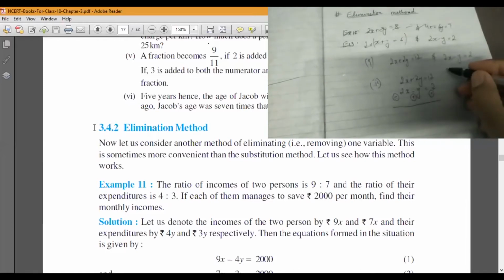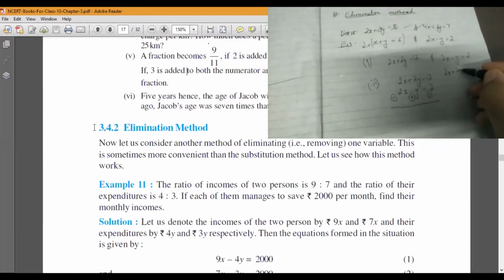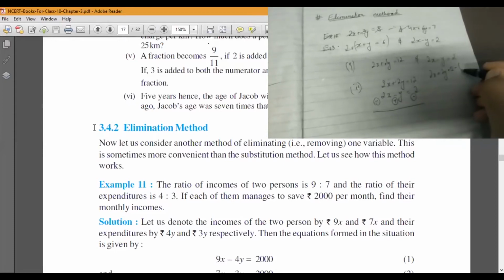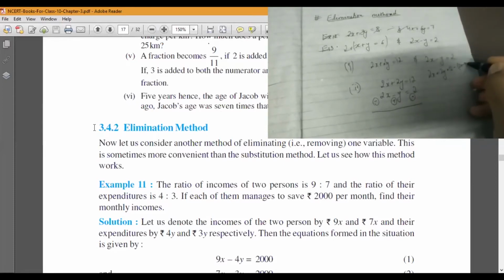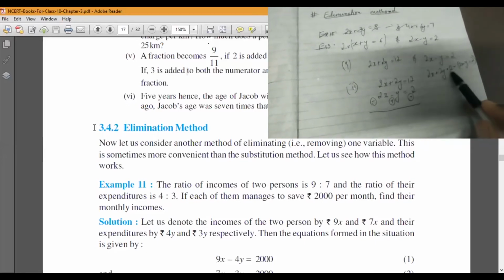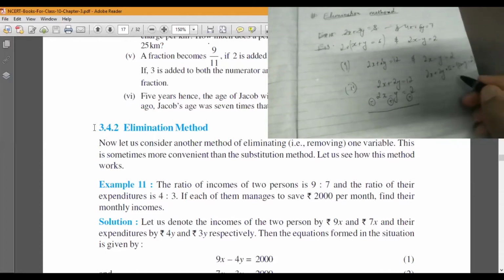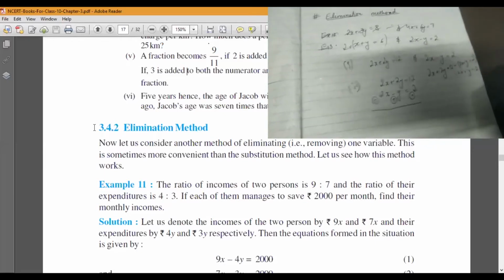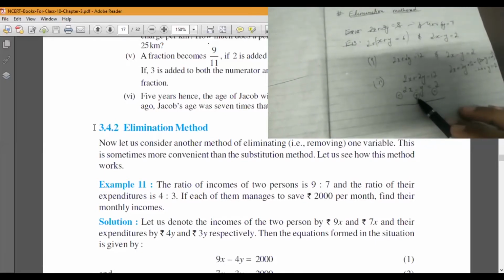So 2x plus 2y equals to 12 minus, in bracket, 2x minus y equals to 2. When you open this bracket, the sign automatically changes: it becomes minus 2x plus y and then minus 2. That is why I've changed the sign over here.